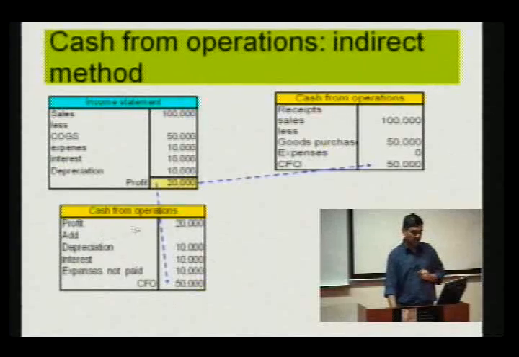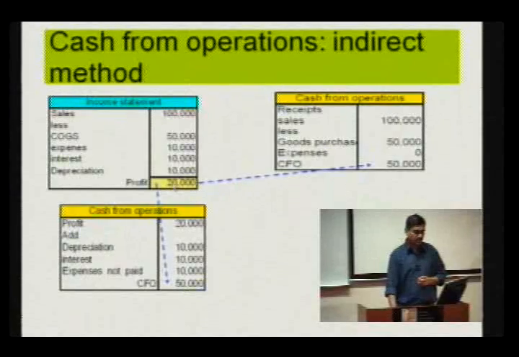So, for example, in this case you have a profit of 20,000 which is straight coming from the income statement. You are adding back depreciation because it is non-cash, you are adding back interest because it is non-operating, you are adding back expenses because you have not paid. So, therefore, profit plus this adjustment gives you CFO.